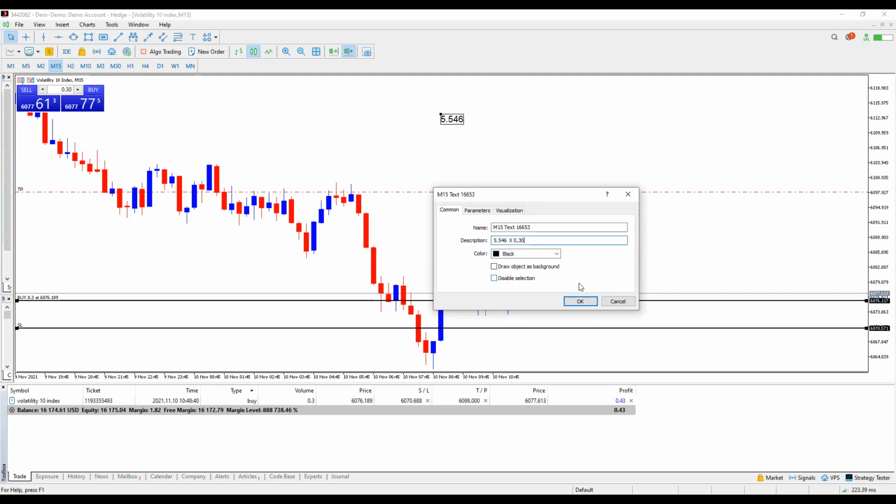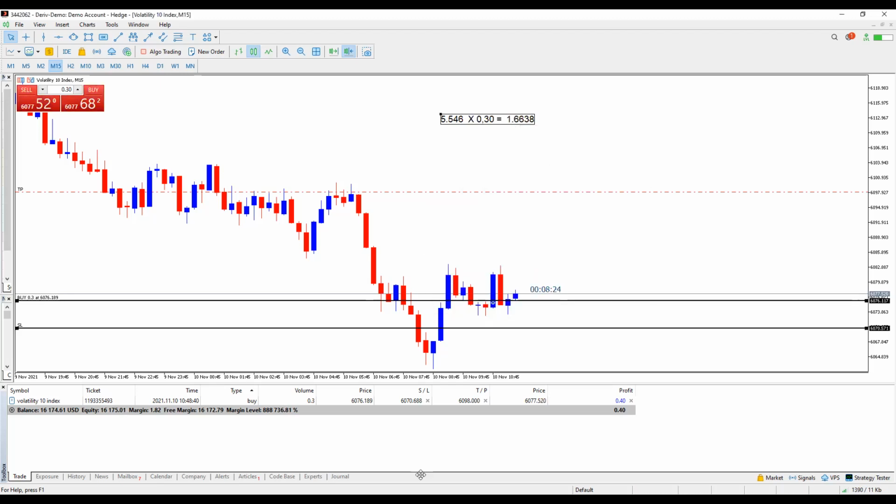So the answer that comes out will be the monetary value of that stop loss. I'm going to get an answer of 1.6638. Remember I said I want to round off to 2 decimal places after the comma. So if I do my mathematics well, it's going to be $66.